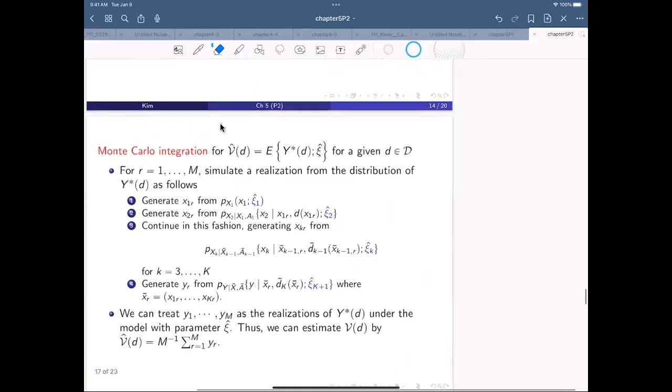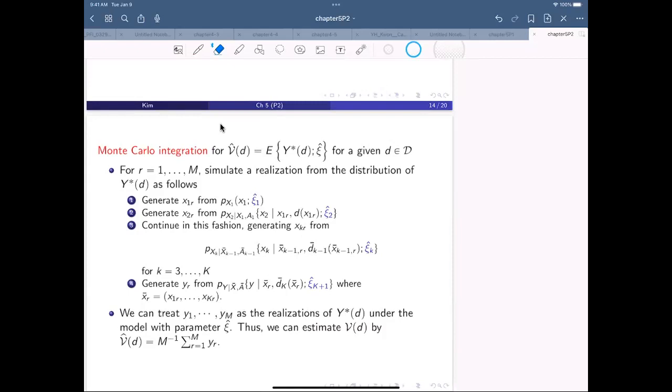At the end of the day, you can basically do simulation sequentially: generate x1, generate x2, generate xk, and then plug in to generate Y. But remember, because you have a specific D, this D gives a different choice of the path, and that actually gives you a kind of Monte Carlo sample.